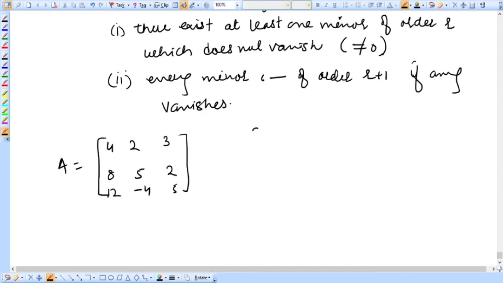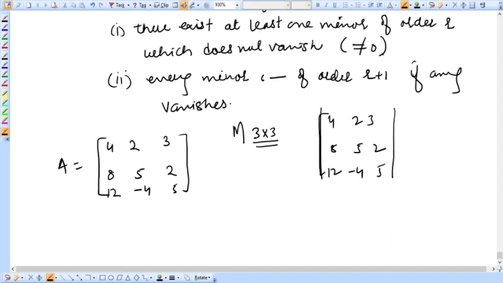Firstly, you see 3 by 3. The minor of 3 by 3 is only the full matrix. Its determinant would be the minor of order 3 by 3, which I'm not calculating, I'm just writing it directly, you just calculate by yourself, which would be equal to minus 176.